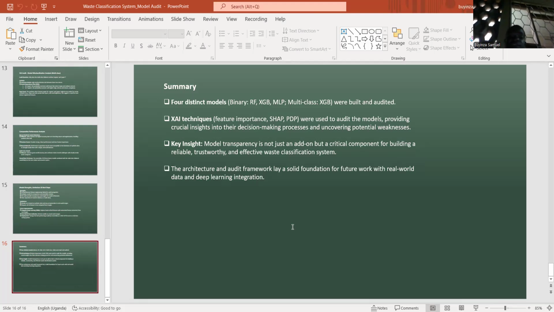The key insight: model transparency is not an add-on but a critical component for building a reliable, trustworthy, and effective waste classification system. Lastly, the framework lays a solid foundation for future work on real-world data and deep learning integration.